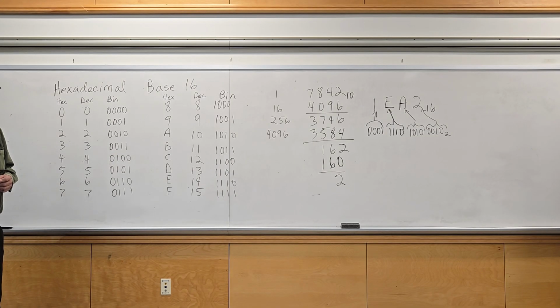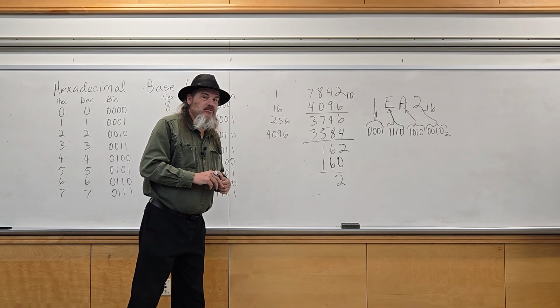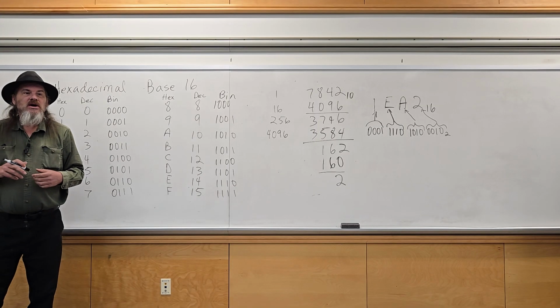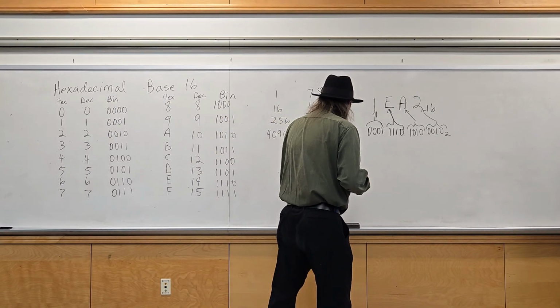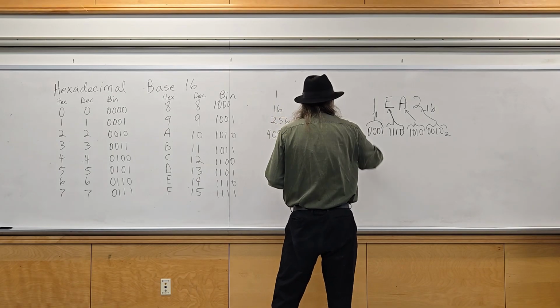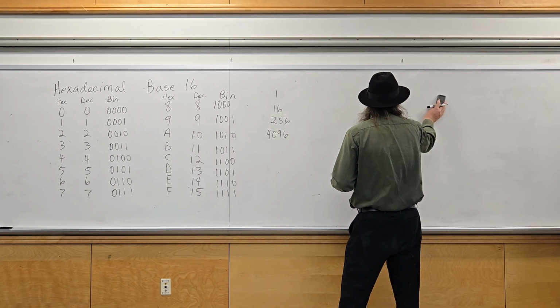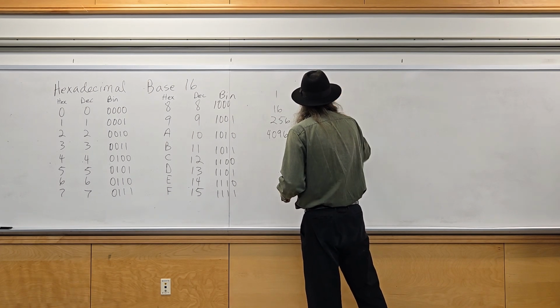And then you do the same technique for negative numbers as you do for binary. Let's say you take a negative base 10 number, let's say negative 47.